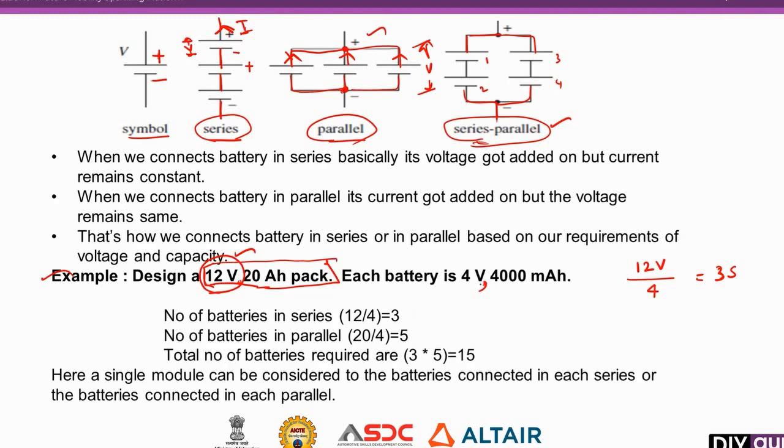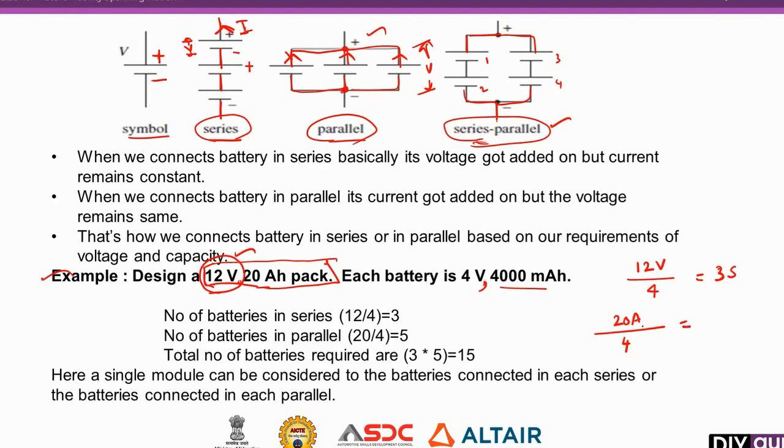So voltage will get added up when the batteries are connected in series. Then comes the current. Totally we require 20 ampere hour. So total ampere hour divided by the nominal single battery ampere hour. Here we are having 4000 milliamp hour, which is nothing but 4 ampere hour.